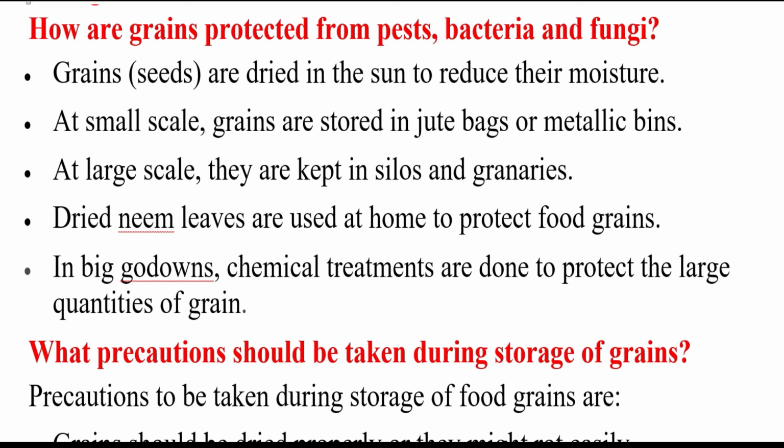At large scale, they are kept in silos and granaries. Dried neem leaves are used at home to protect food grains. In big godowns, chemical treatments are done to protect large quantities of grain.